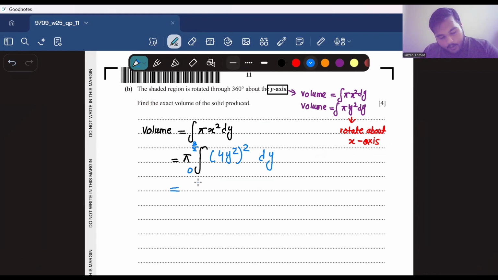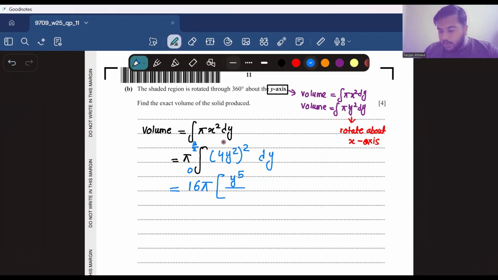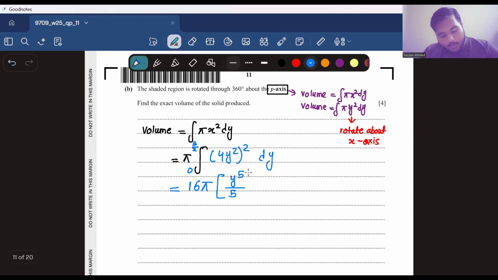Now 4 squared is 16, so I have written 16 pi, and the limits are 3 upon 2 and 0. On integration, the power becomes 5 over 5. Why power 5? Because 2 twos are 4, and if we add 1, it becomes 5.